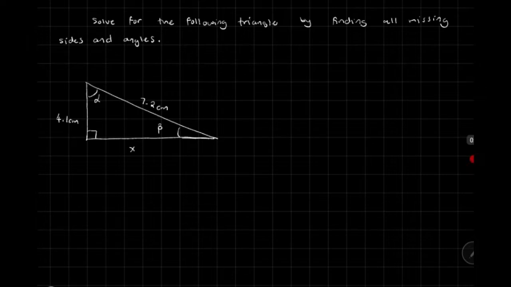If we use the Pythagorean theorem, we can understand that c squared, which is the hypotenuse, and the hypotenuse is always located across from the right angle, c squared minus b squared, which is any of the other two sides, is equal to a squared.